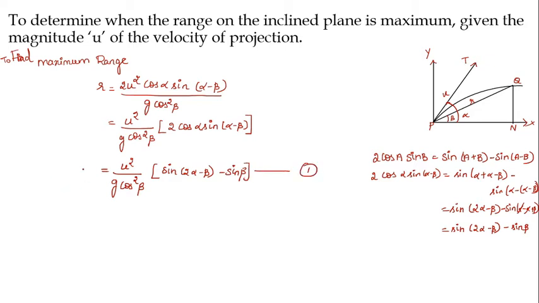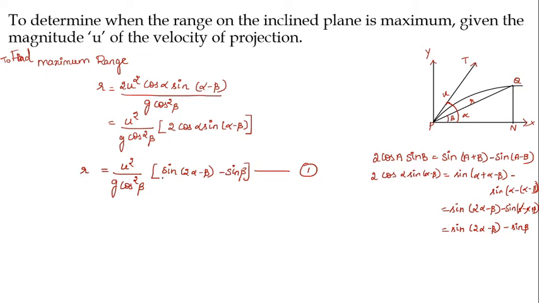Now we are going to find the angle when the range is maximum. The angle of projection we have to find is alpha, and u square by g cos square beta is completely a constant term. So if the multiplying term containing sine is maximum, then the range will be maximum.